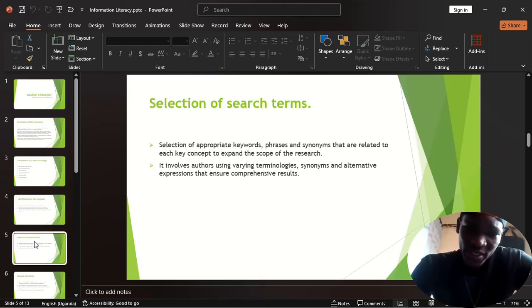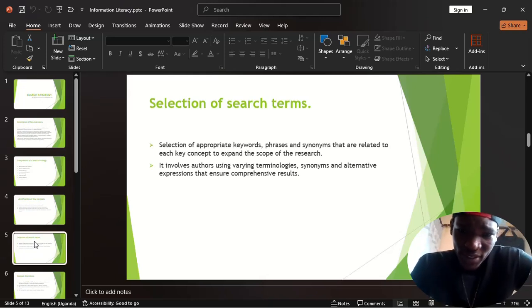You select those keywords, phrases, or synonyms that are related to the question you're given to research. It also involves authors using varying terminologies, synonyms, or alternative expressions that ensure comprehensive results. That's what you have in the selection of the key terms.